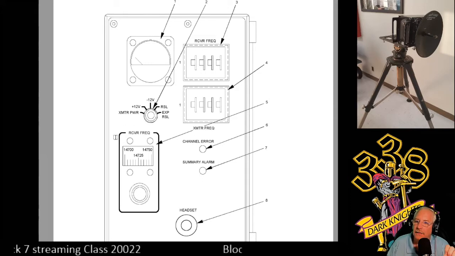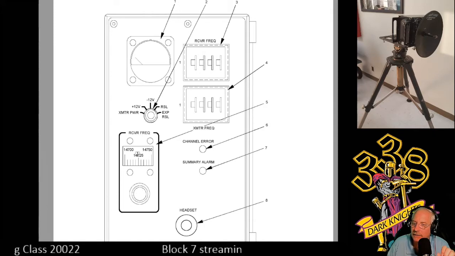I want to point out this part right here on the RF assembly. This knob right here adjusts this frequency. You have 2 frequencies for receiver to program in. You have the actual frequency that you want to select, and then this is considered a pre-selector for receive.